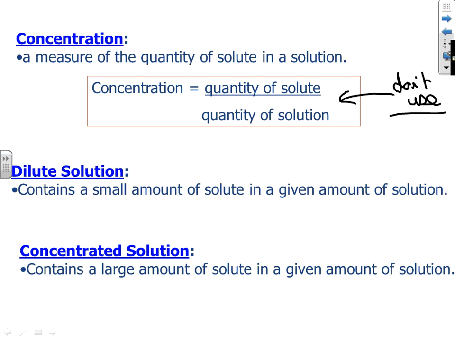So again, these are terms you've probably heard of before. These are not crazy out-of-this-world scientific terms. Dilute means that it's weak, and concentrated means that it's strong. There's a lot of that stuff dissolved. Okay, so there are some general statements about solutions.